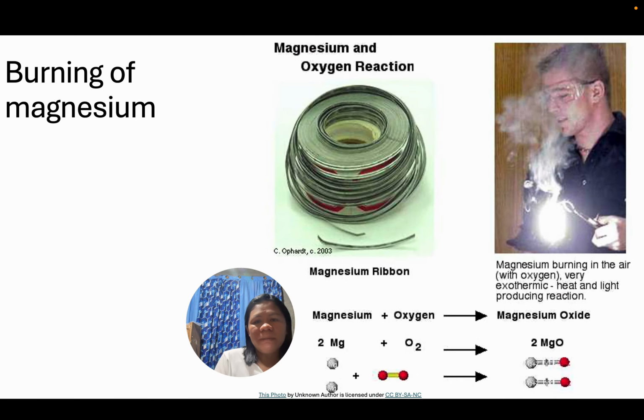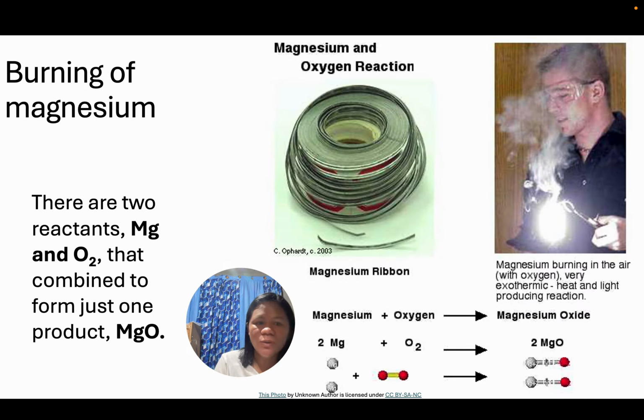Of course, when you burn magnesium, there is always a presence of oxygen, no? And the resulting product is magnesium oxide or MgO. Okay, so again, this is an example of direct combination reaction since we have two reactants, which is the magnesium and oxygen, and the resulting product naman natin is a compound which is the magnesium oxide.